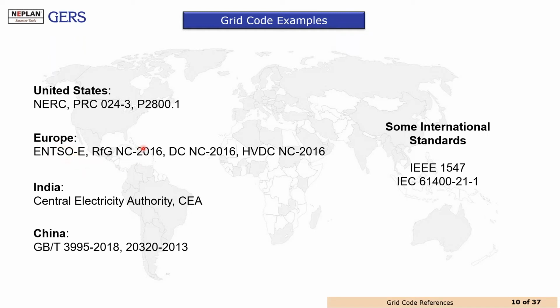But we can also see the network code on requirements for generation, for example, 2016, the network code for distribution of 2016, and the one for high voltage DC systems too. They provide different specifications of the frameworks to be considered on the operation limits and the procedures to connect any new variable renewable energy.